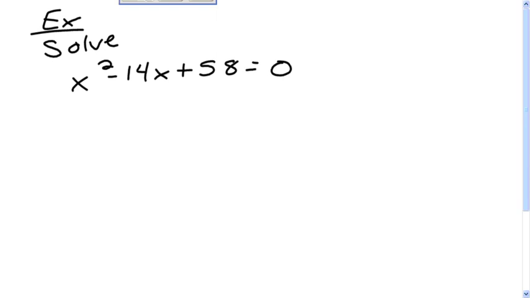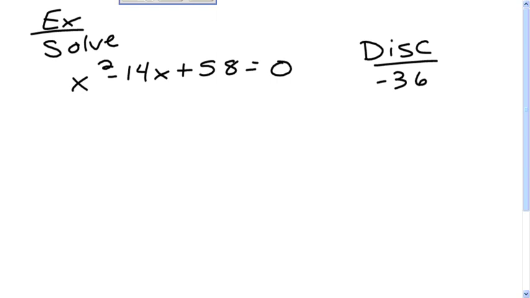Since I'm trying to solve a quadratic equation, I can do the quadratic formula or factor it. As you know already, check your discriminant to see if you can factor it and what kind of solutions you're going to get. When you go through and do the discriminant test, you get negative 36. Because it's negative 36, I can't factor it. I must do the quadratic formula, and I'm going to get two non-real solutions, 2 imaginary solutions.